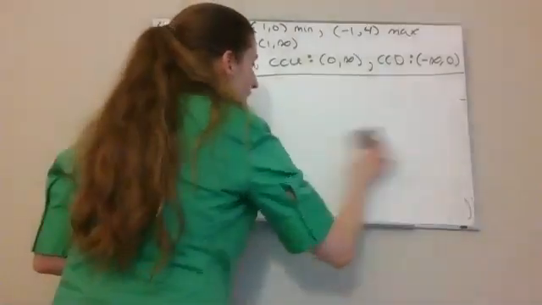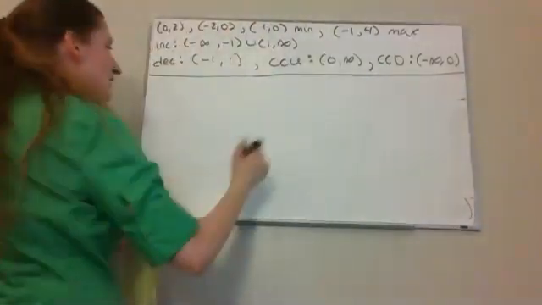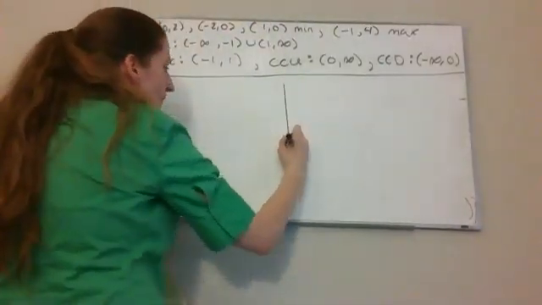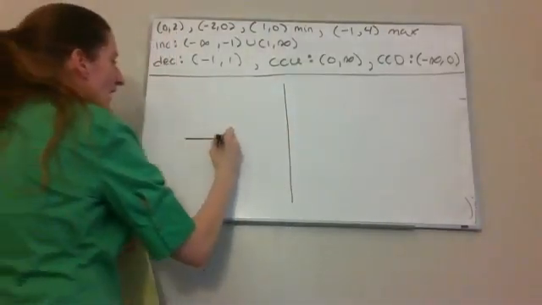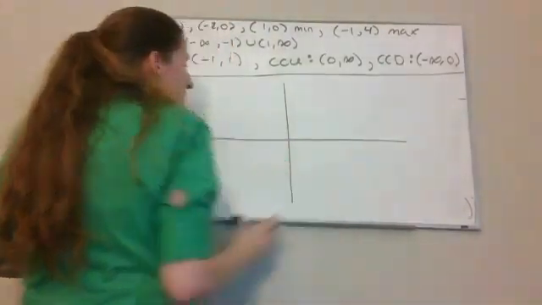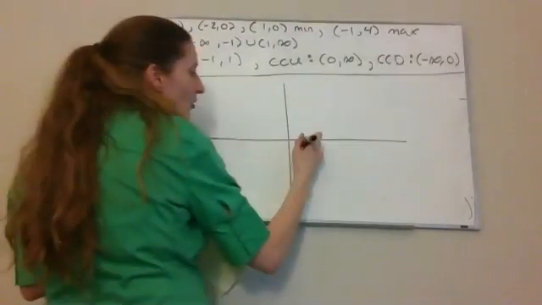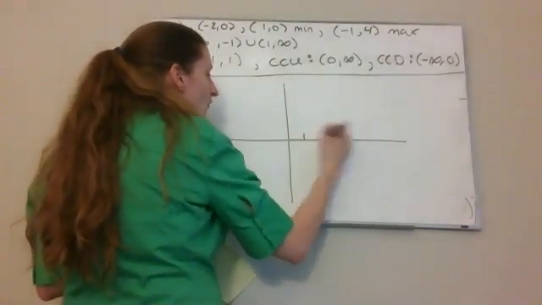All right, so sketches don't have to be perfect, but we do have a lot of information we can use to make this fairly accurate. What we should do first is put all of the points that we know on this graph.